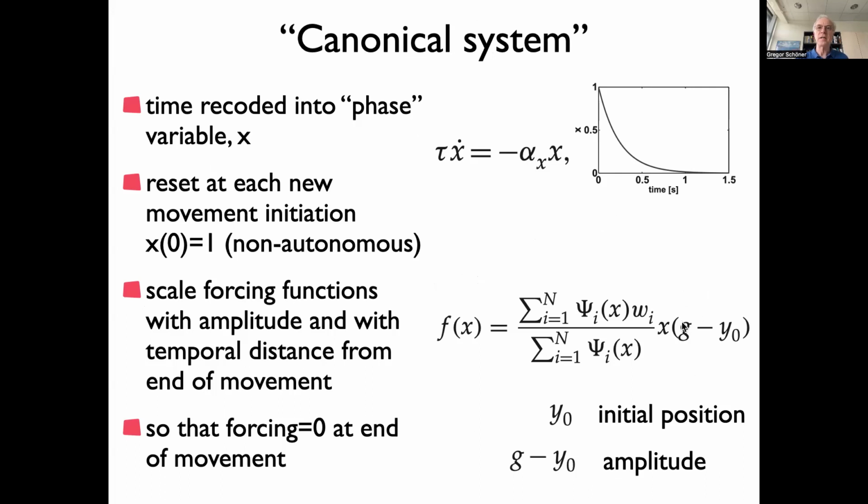And the other is that y0 is the initial position, and so this is scaled with the amplitude. So if you have a large amplitude, you will multiply these forcing functions with a larger term than a smaller term.